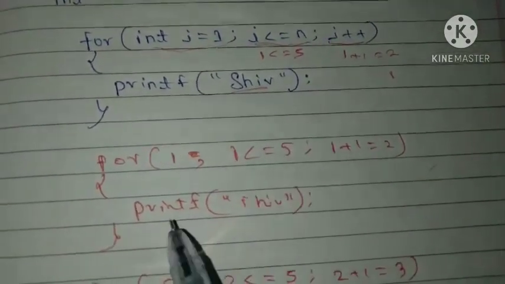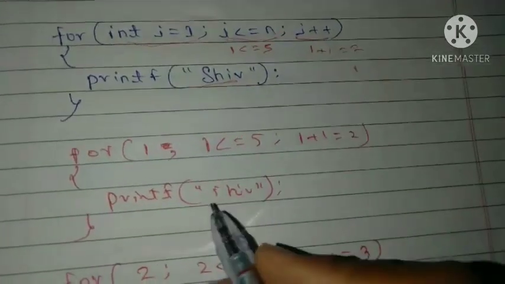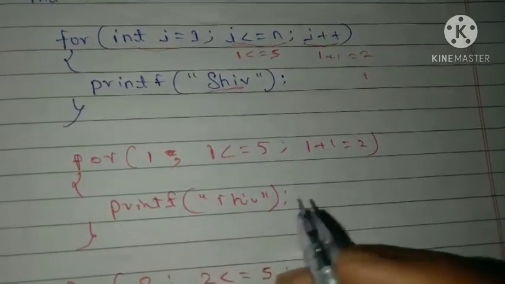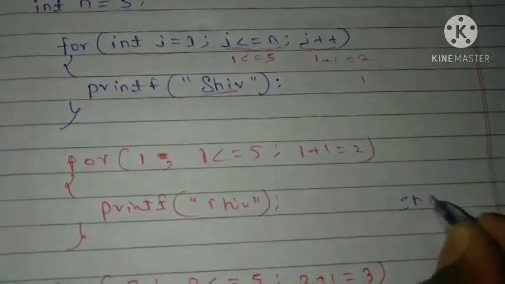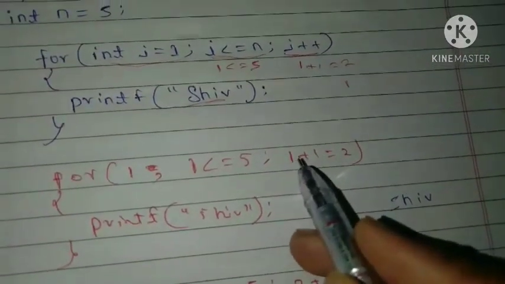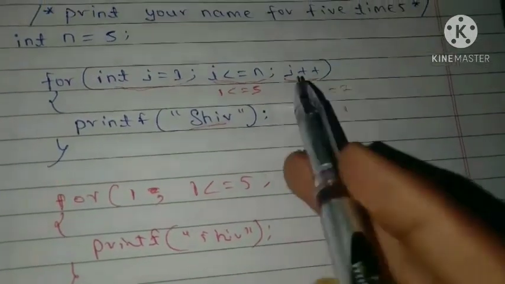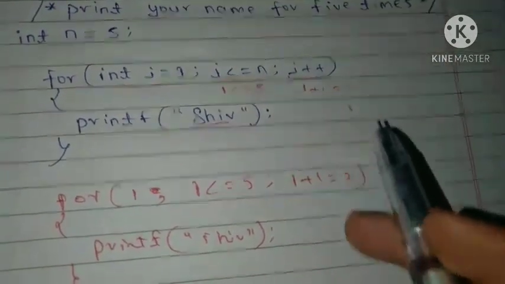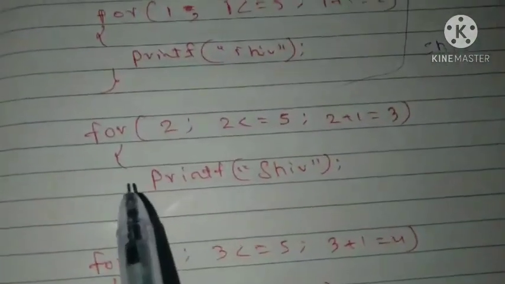It will go into the for loop and execute its statements, so it will print this word 1 time. After that, it will increment the i value by 1, that is 2. This was the first iteration.